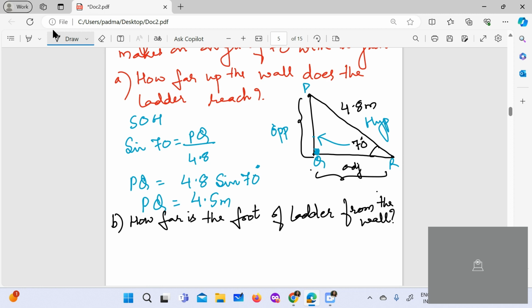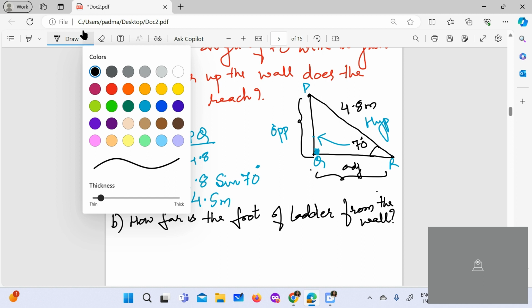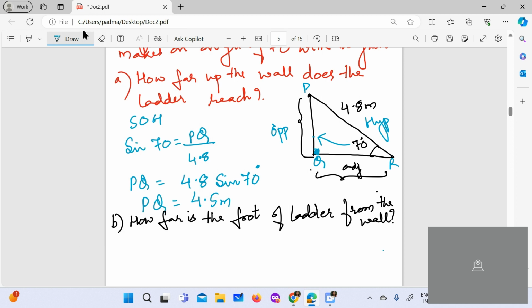We have the given values here, adjacent and hypotenuse. So which ratio does it come in? I hope everyone remembers adjacent and hypotenuse come in cos. That is, cos is equal to adjacent over hypotenuse. I will plug in the values: cos 70 degrees is equal to QR over 4.8.